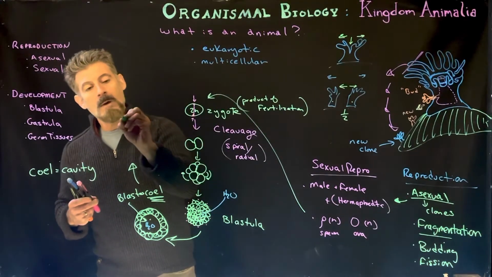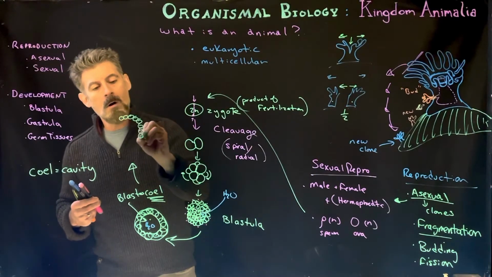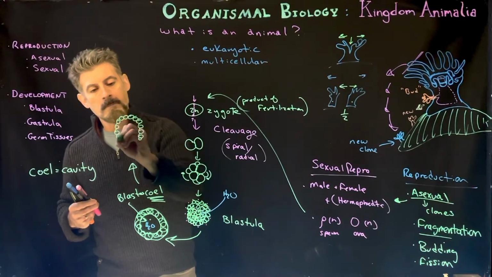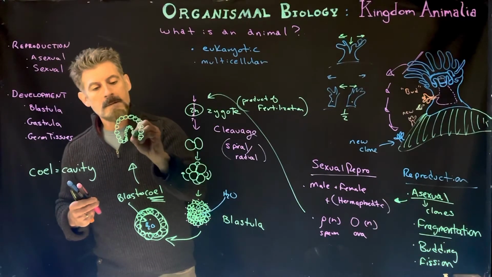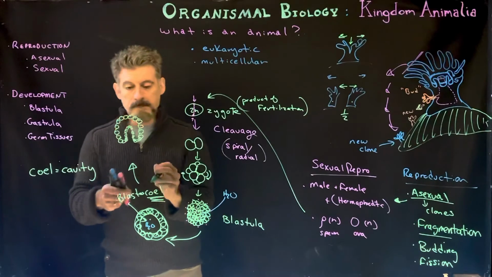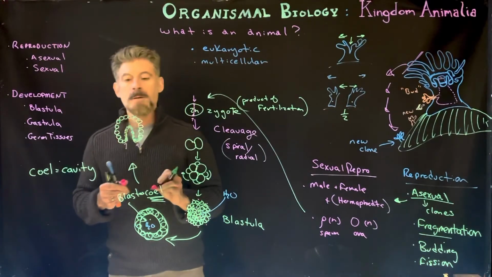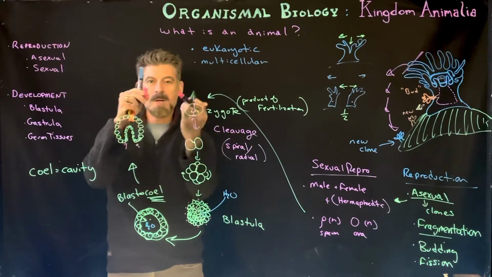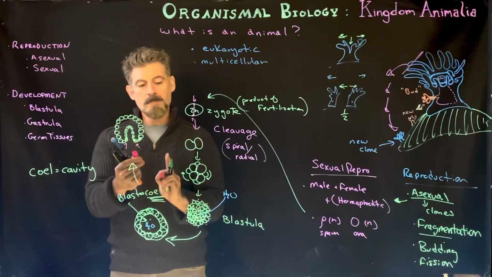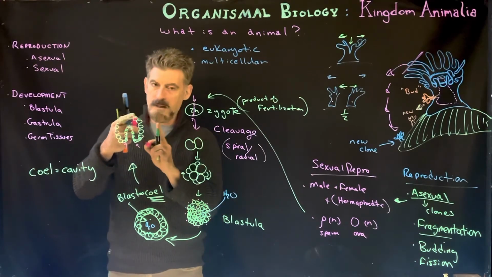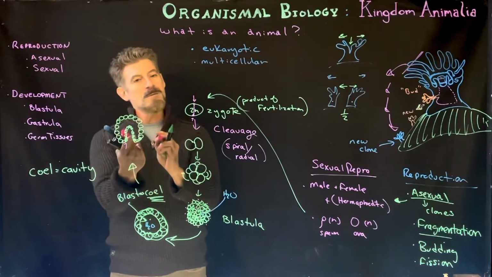What will happen with almost all animals is differential gene expression in cells right here at this lip. You have to remember this is a three-dimensional ball, so this is like a little tube being pushed in. If you had a balloon and you push your finger into it, a little chamber forms as you push your finger inside; that's what this looks like.